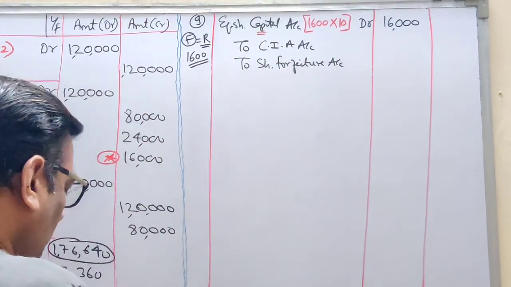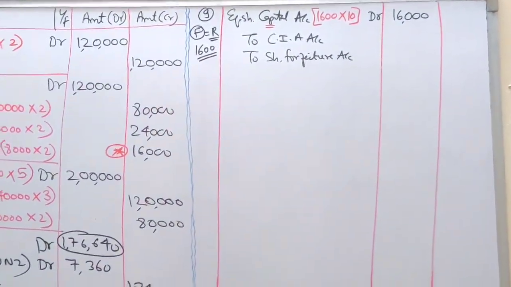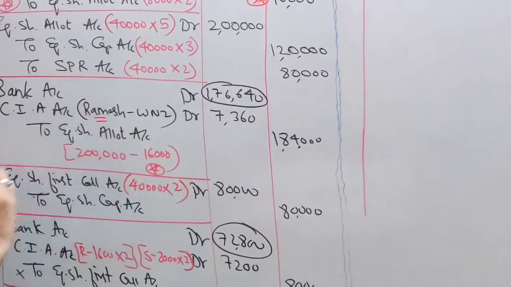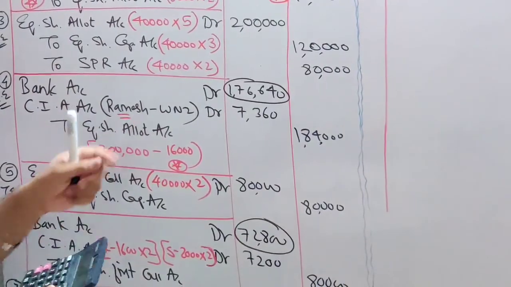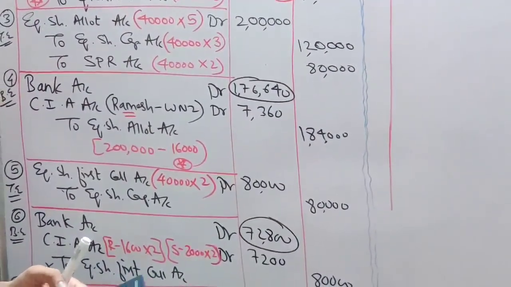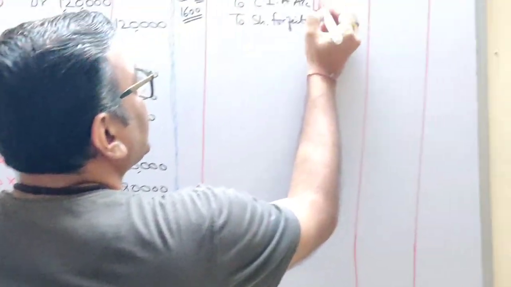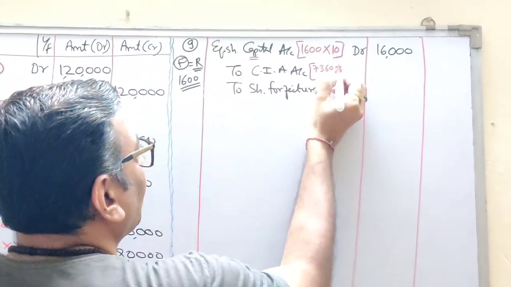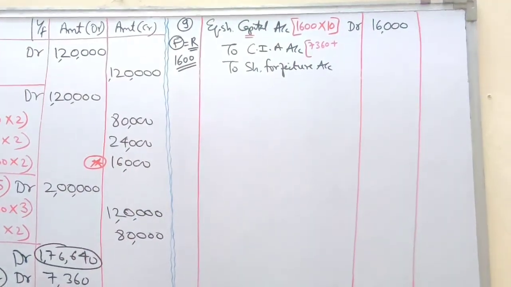Now, how to get call in arrear? You will add Ramesh's arrear. See, this is Ramesh's amount. So I am going to add the arrear amount of Mr. Ramesh. So 7360 plus. This is what I am adding. This is Ramesh's arrear.